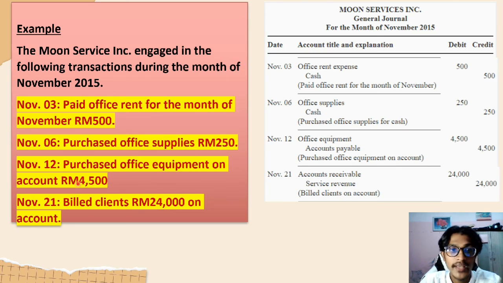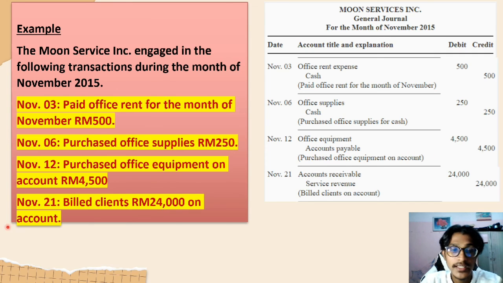The same as the two above, the next is purchase office equipment on account, 4,500. The accounts involved are office equipment and accounts payable, with 4,500 debit and credit, and the narration is purchase office equipment on account.